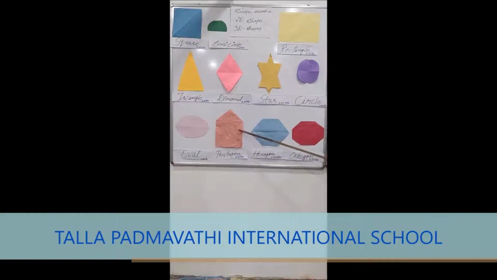Next one is pentagon. Pentagon has 5 sides. 1, 2, 3, 4 and 5. The next shape here is hexagon. Hexagon has 6 sides. 1, 2, 3, 4, 5, 6.